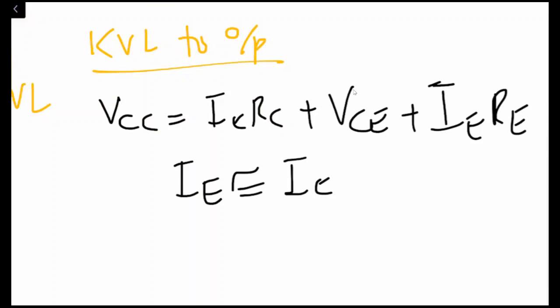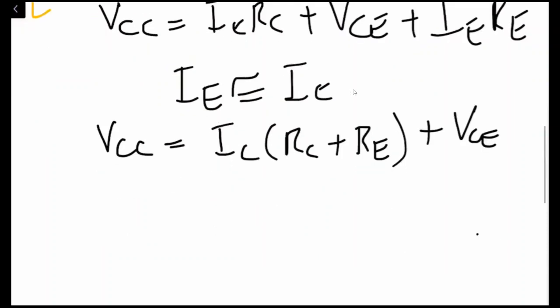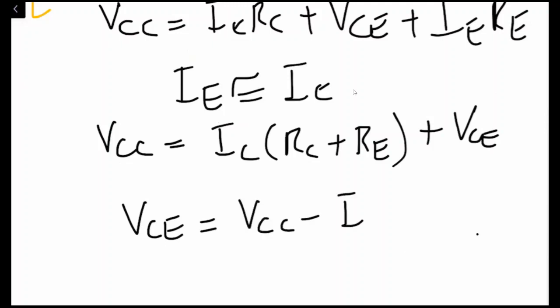So we can say VCC is equal to IC times (RC plus RE) plus VCE. This means VCE is equal to VCC minus IC times (RC plus RE).